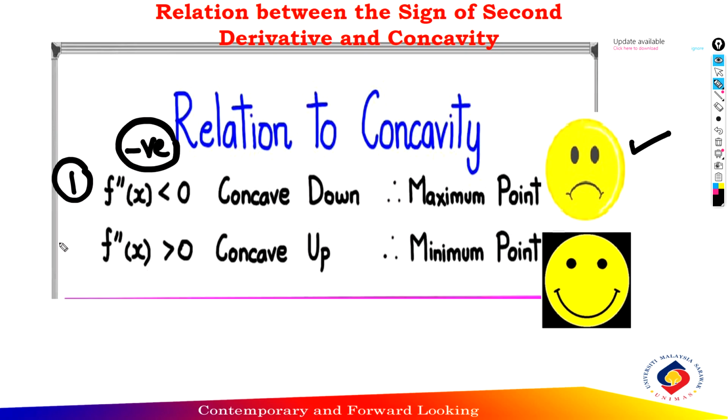Number 2: the second derivative is greater than 0, positive, and the graph is concave up, CU, and the conclusion is that a relative minimum point exists.